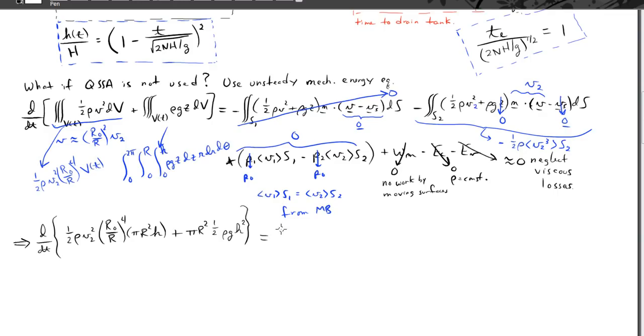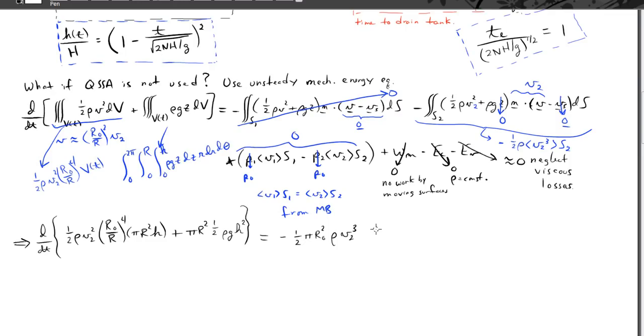And this entire thing is equal to whatever's left on the right-hand side, which is simply this one surface integral here. So we get a minus 1/2. S2 is pi r0 squared. We have rho, and then we have velocity V2 cubed, because V2 is assumed to be uniform over the whole surface, and therefore the average of V2 cubed is just V2 cubed.